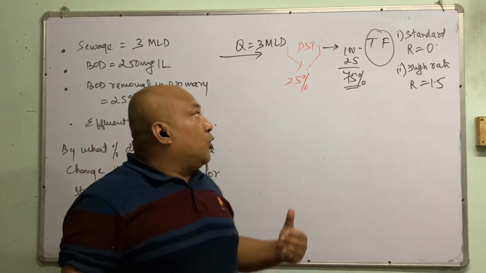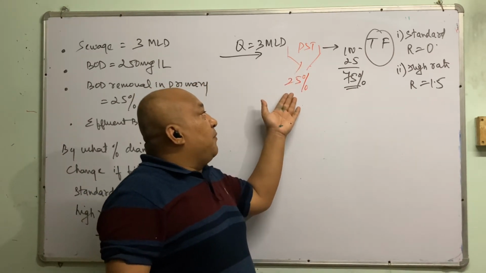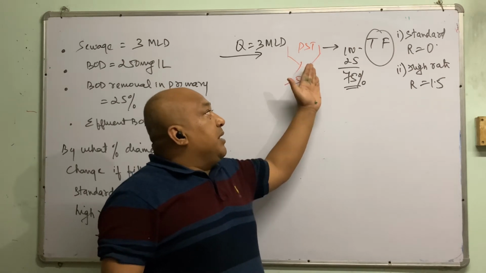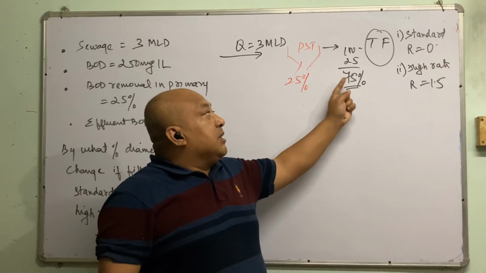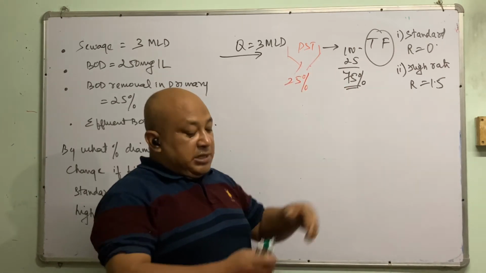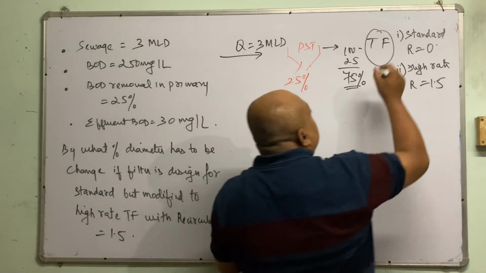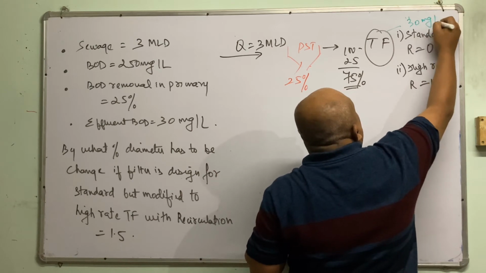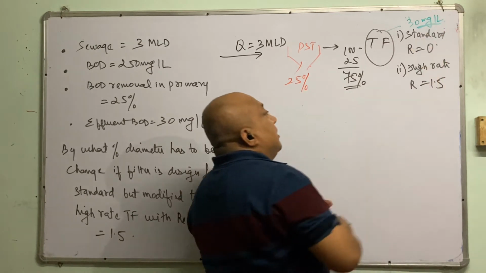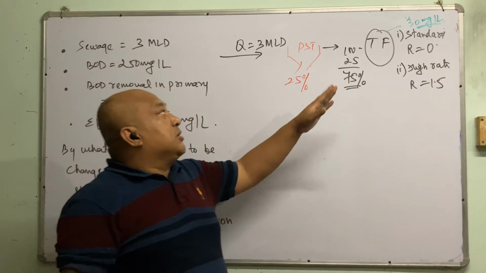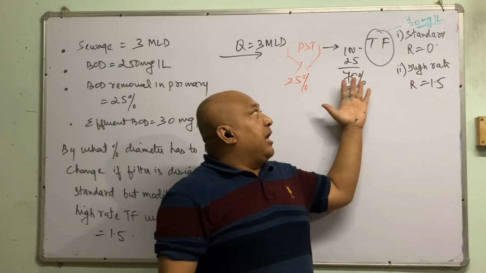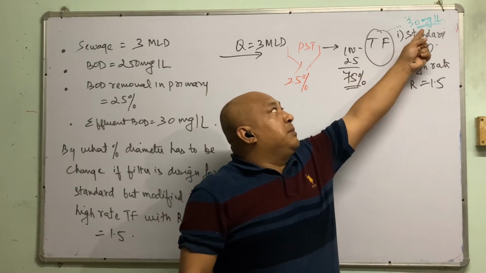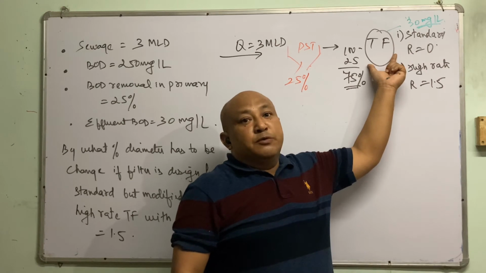So now the incoming is 75%. This 75% is to be treated, and the expected effluent is 30 milligram per liter because it is going to be thrown into the river. The permissible limit is 30. So this 75% should be left with only 30 milligram per liter. Something has to be removed.